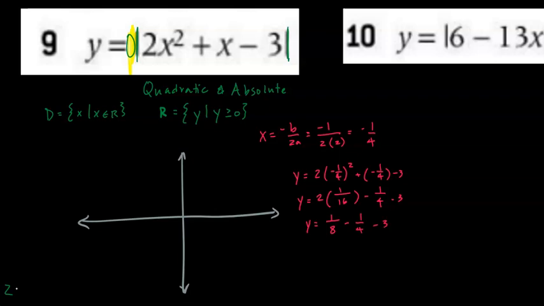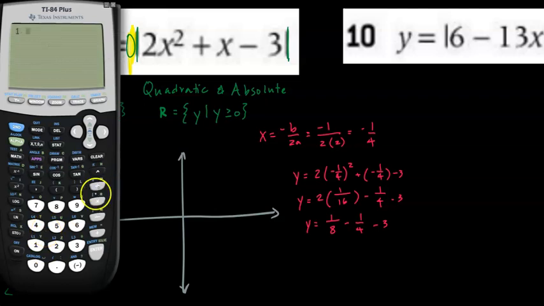So let's go ahead and put it into the calculator. 1/8 minus 1 divided by 4 minus 3. And then I'm going to change that into a fraction. So negative 25 over 8. Okay.